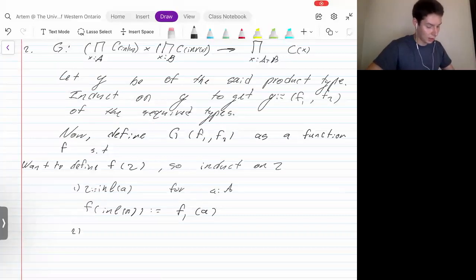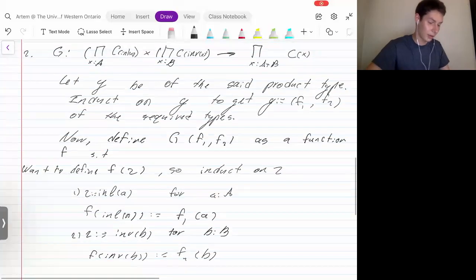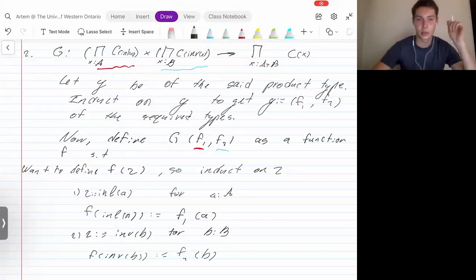And in the second case, where z is inr b for b in B, f of inr b is going to be f2 at b. So f1 is here going to be a function of this type, and f2 is going to be a function of this type. So everything should be able to type check.